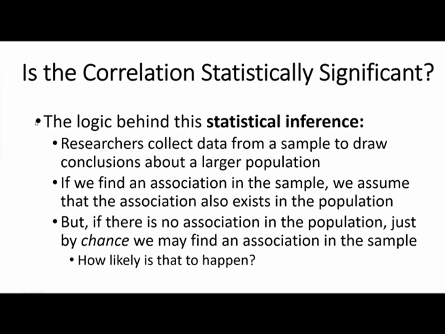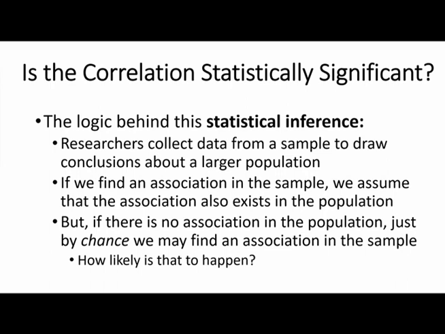And so if we want to walk through the logic behind that wording, the logic behind this statistical inference, we know already that researchers are collecting their data, they're measuring their variables from a sample, and by doing so, they're trying to draw conclusions about a larger population.